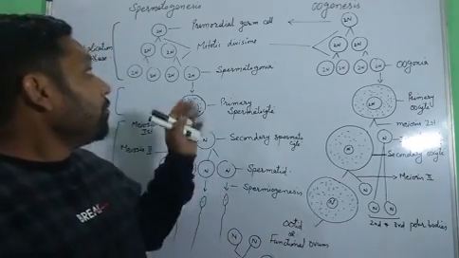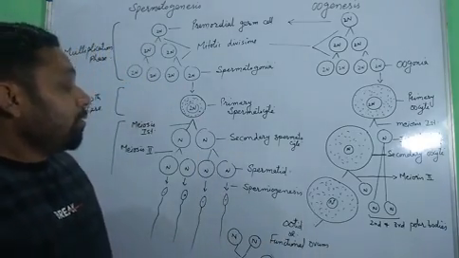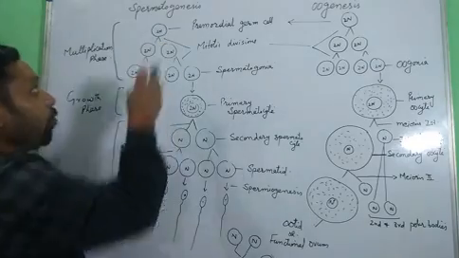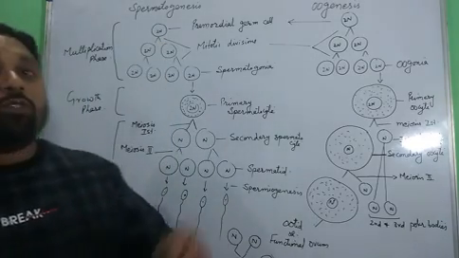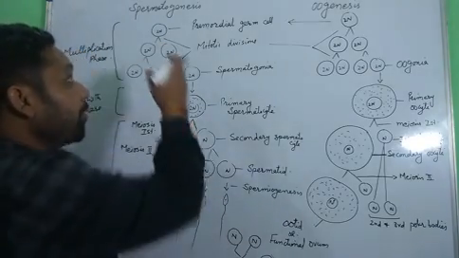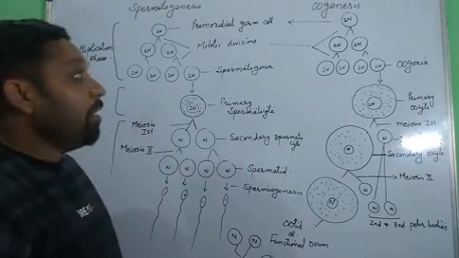Now the process of gametogenesis involves spermatogenesis and oogenesis. Now what is spermatogenesis and oogenesis?